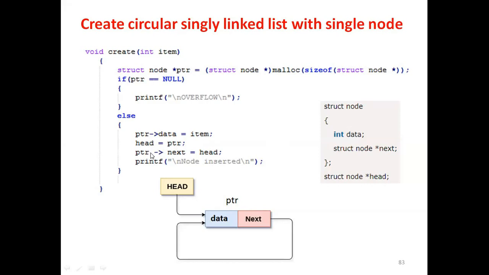Then ptr arrow next equals head. And then just print the message, node is inserted or created. So this is the create operation in a circular singly linked list with a single node.